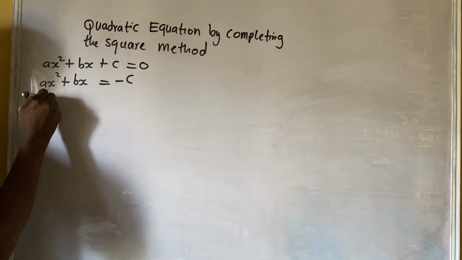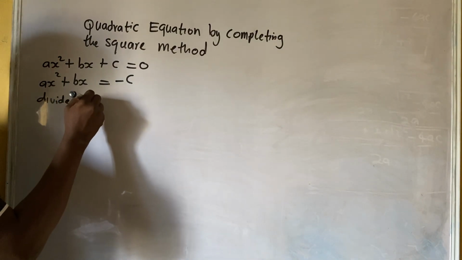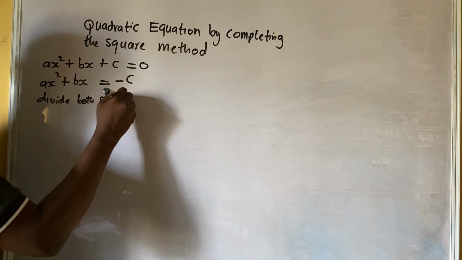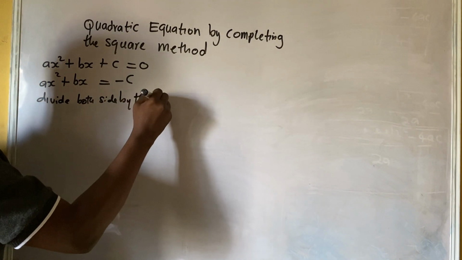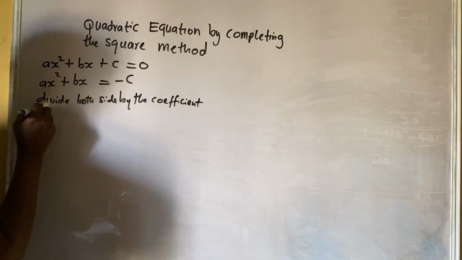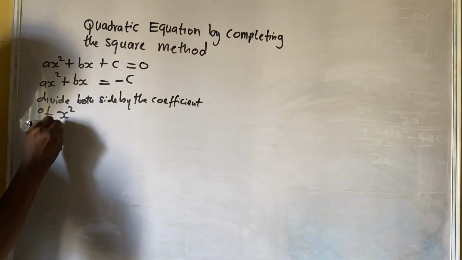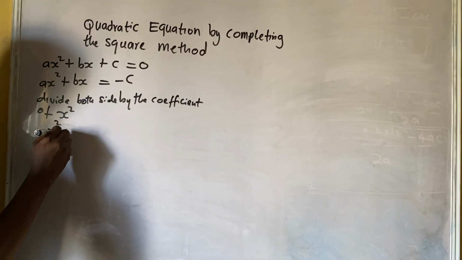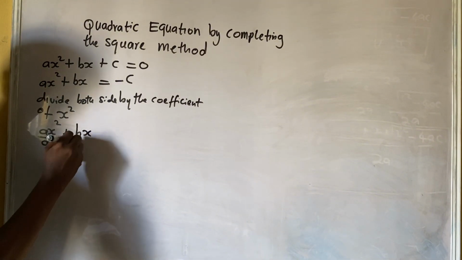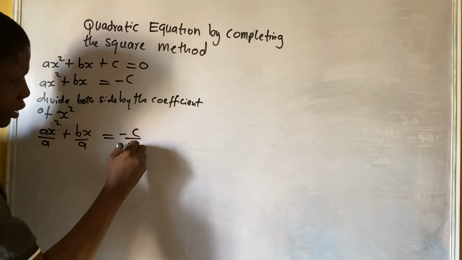So we divide both sides by the coefficient of x squared. Ax squared over a plus bx over a is equal to minus c over a.